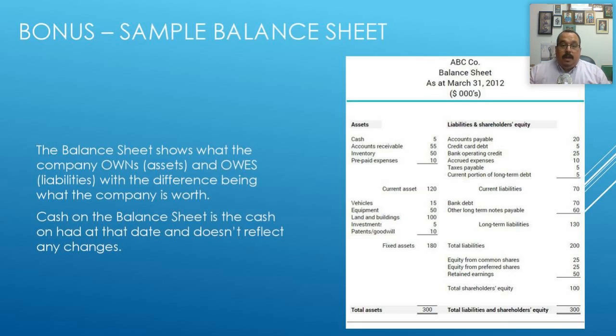And this is always done at a snapshot in time. To point in fact, the cash balance here is $5. Now, the cash balance is $5 on March 31st, and that March 31st would have already happened. And again, much like the income statement, at the end of the day, we stop and we say, what happened? How did we do?